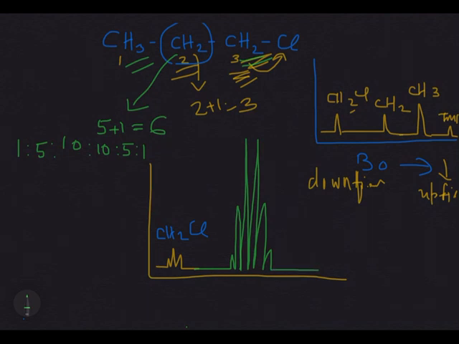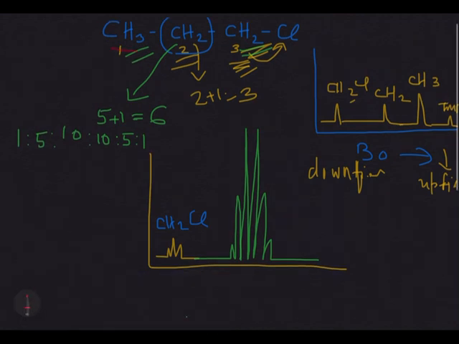And finally we have the signal for the CH3 protons, and adjacent to the CH3, there are only 2 CH2 protons. 2 plus 1 is again 3, and the intensity ratio is 1:2:1, and the signal for CH3 is 1:2:1, and this is TMS.